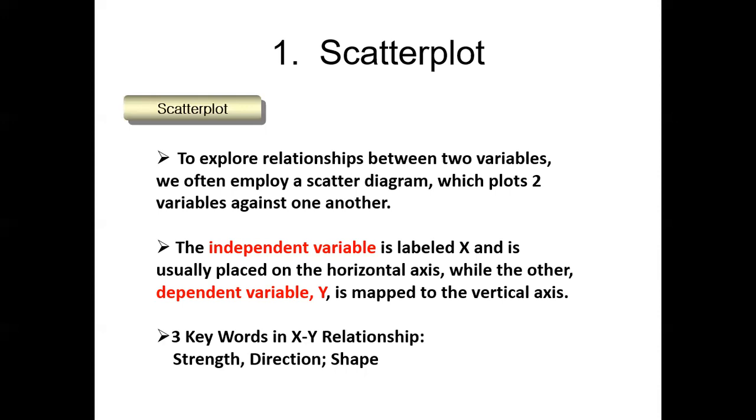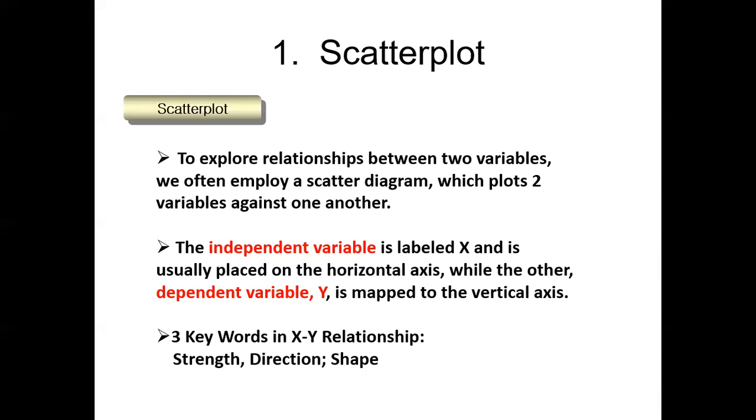To explore the relationship between X and Y using a visualization tool, the most effective one, I believe, is the scatterplot. The independent variable is labeled X and is usually placed on the horizontal axis, and the dependent variable Y is mapped to the vertical axis.